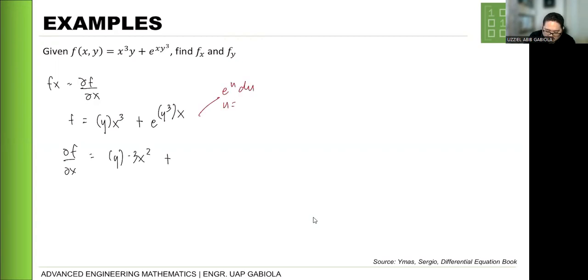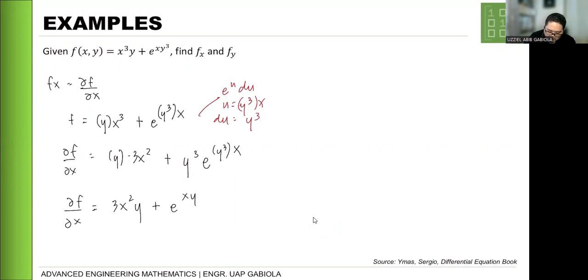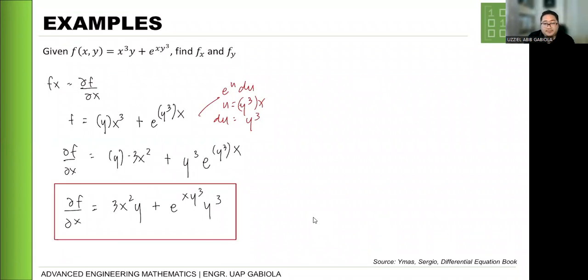So kung ang u natin is y cube x, ang du natin will be y cube. So, kailangan natin ng y cube doon. So, this will be y cube, copy lang natin yung original, x. Then, balik lang natin doon sa original niya. So, this is 3x squared y, plus xy cube, y cube. Okay? So, this will be our first answer kapag pinapakuha yung partial derivative in terms ni x.